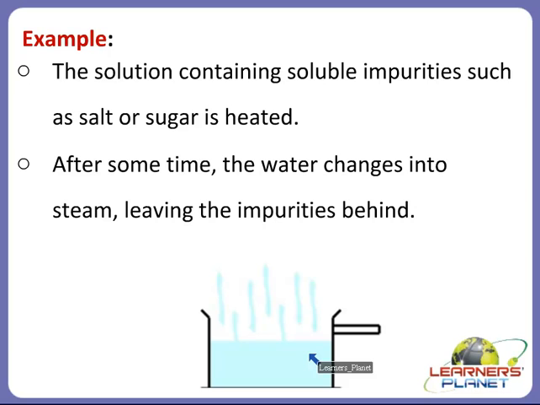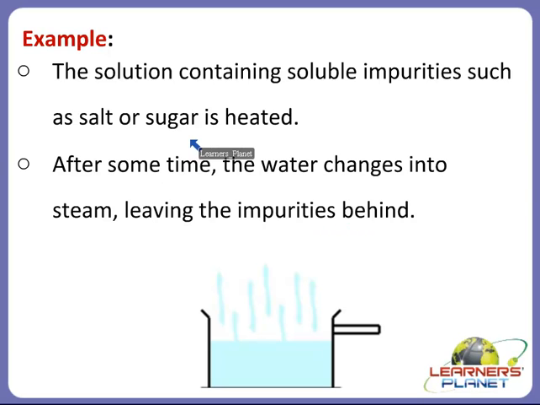After some time, when we provide this container with heat or with a flame and leave it for some time, the water changes into steam, or water vapor, leaving the impurities behind, right? So by this process, the impurities will be left behind and the water will change into water vapor.